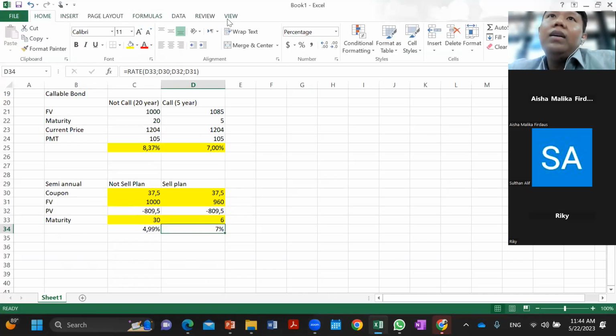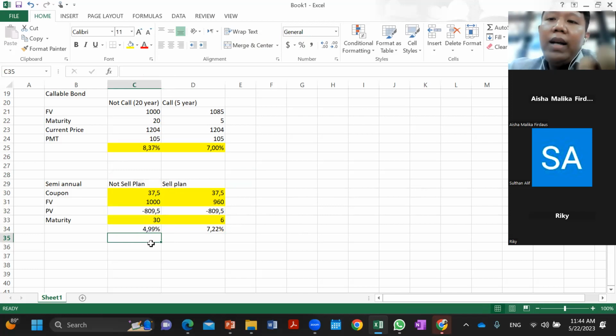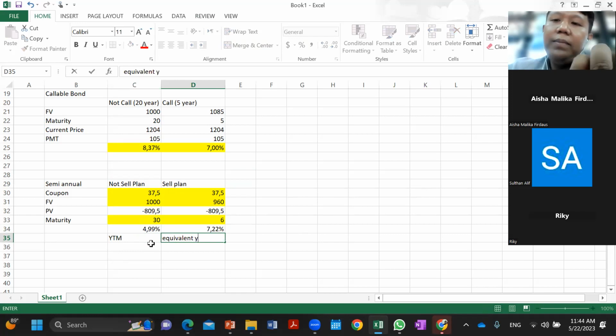So now we have two yields. This one is yield to maturity, we hold it until maturity, while this one is equivalent yield.